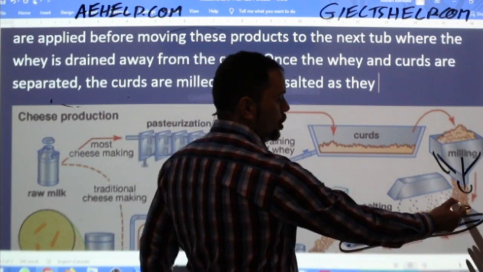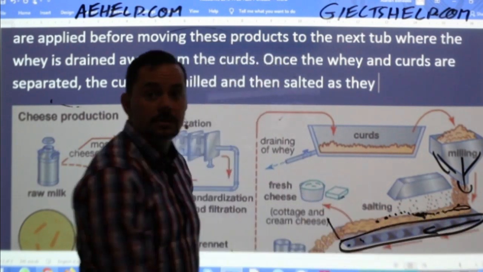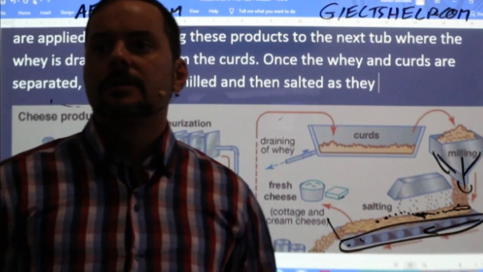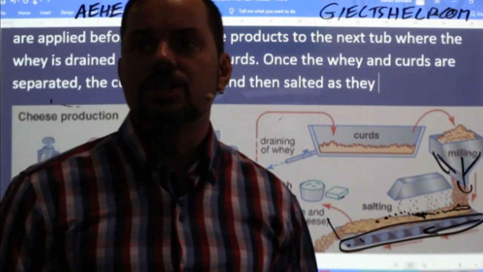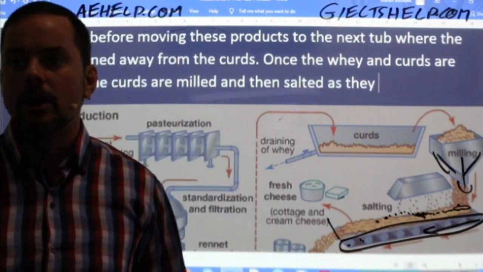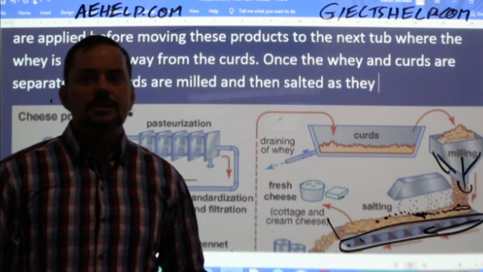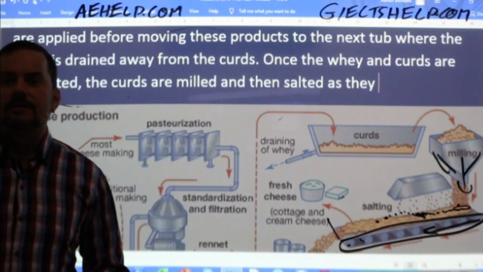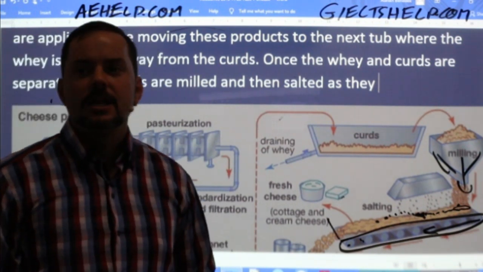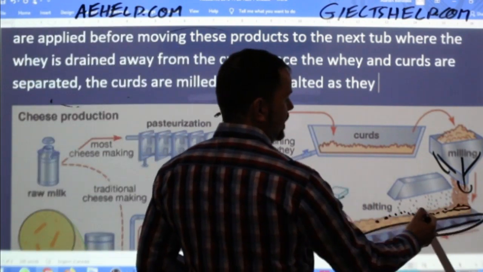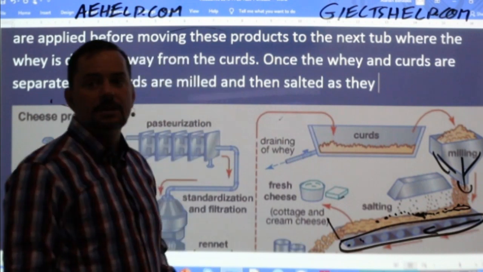So what are the curds doing here? What's the right statement in English here? The curds are... It's not too difficult, Varvara. You just have to practice it. It's not passing. They're not really passing here. They're doing what? Keep it simple.